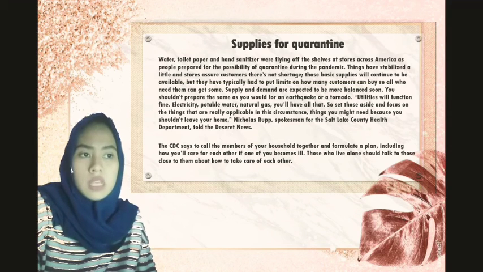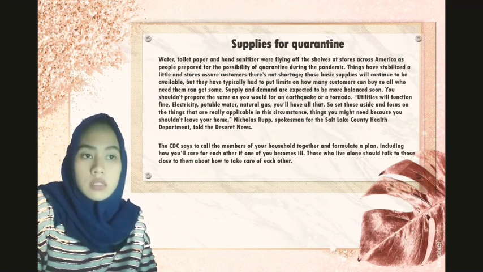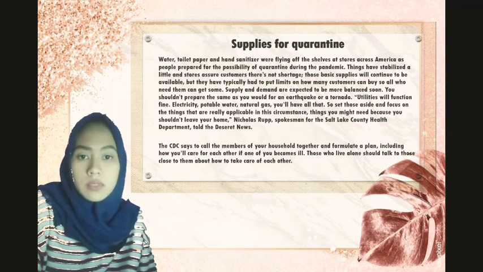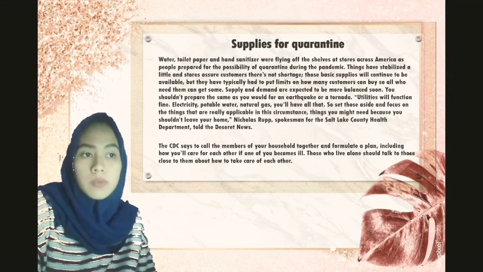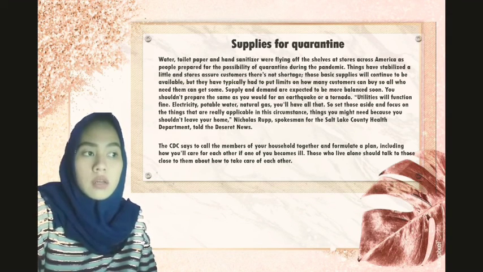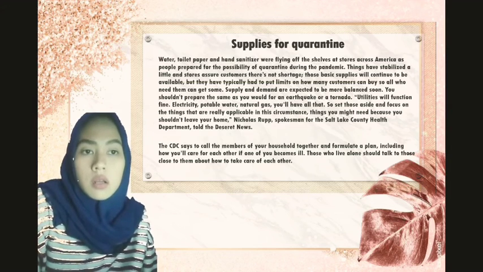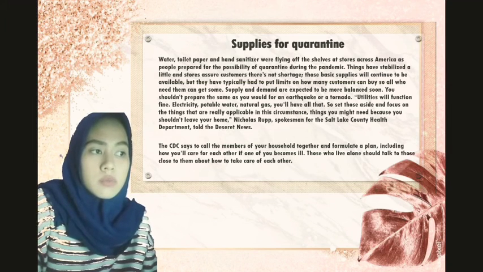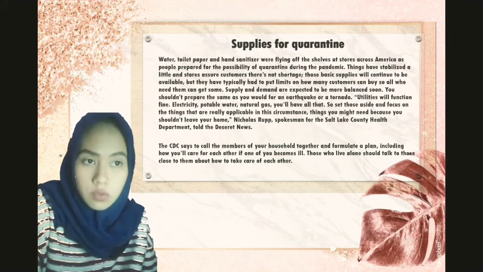Things have stabilized a little and stores assure customers those basic supplies will continue to be available, but they have typically had to put limits on how many customers can buy, so all who need them can get some. Supply and demand are expected to be more balanced soon.